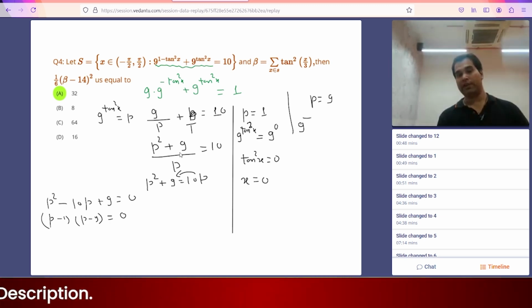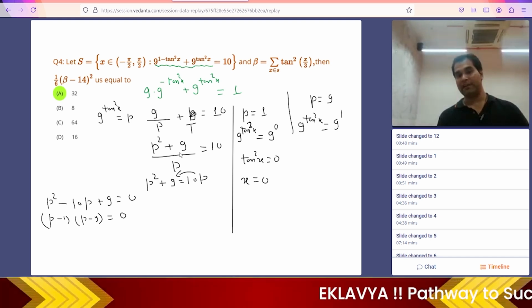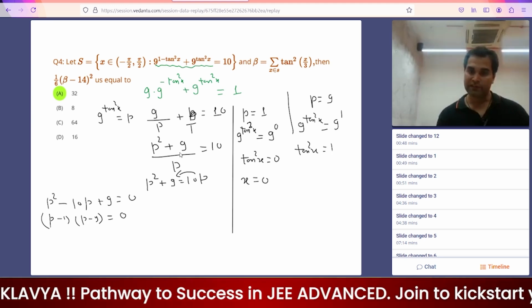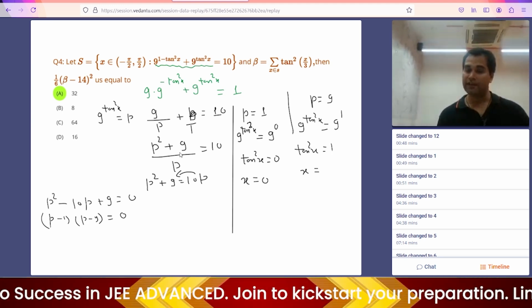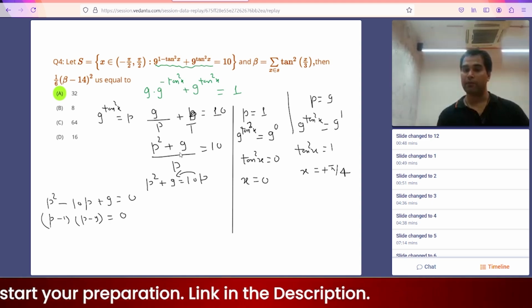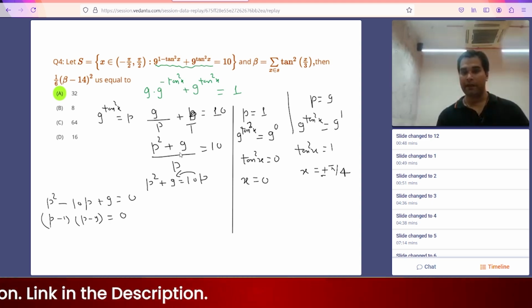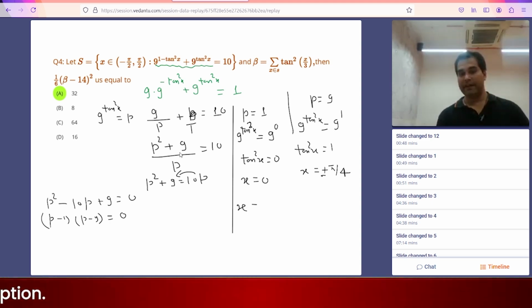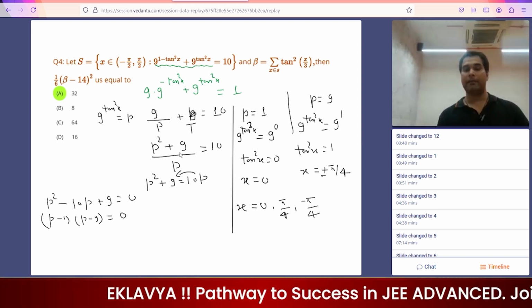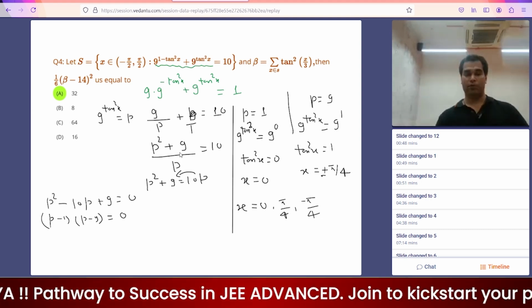And p equal to 9 means 9 to the power tan square x equal to 9. Comparing both powers, tan square x equal to 1 means x equal to plus minus pi by 4. Here we will get exactly three values of x: 0, pi by 4 and minus pi by 4.